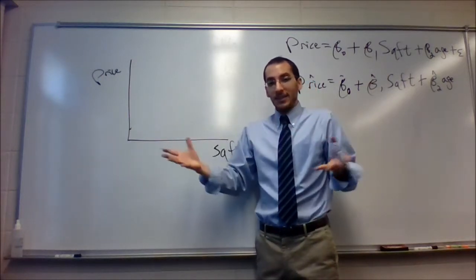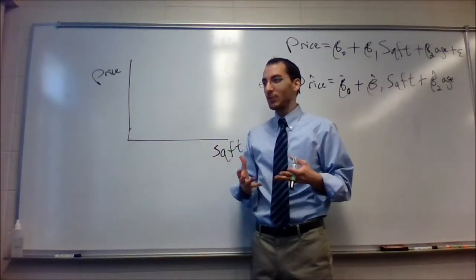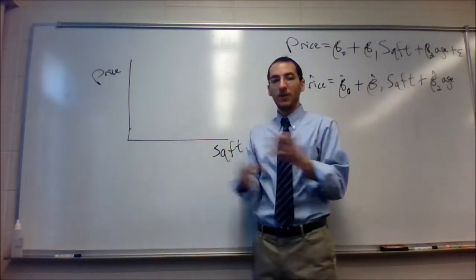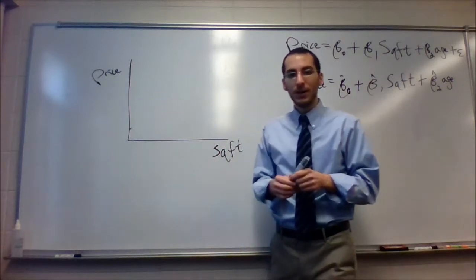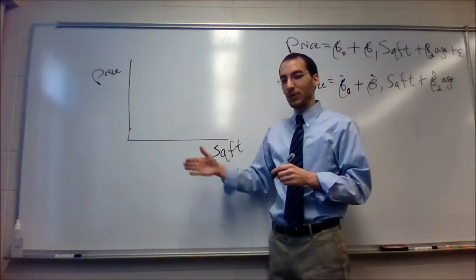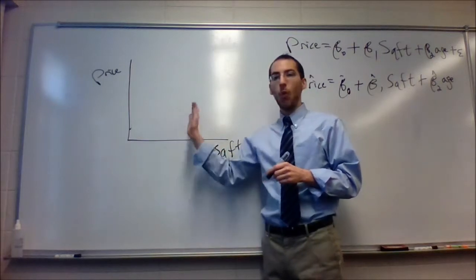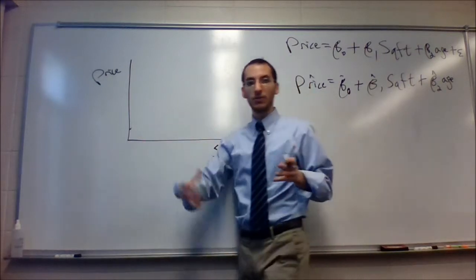Well, in reality, and this is why I'm not going to have you plot regression lines ever, because it quickly breaks down, each explanatory variable is one new spatial dimension.